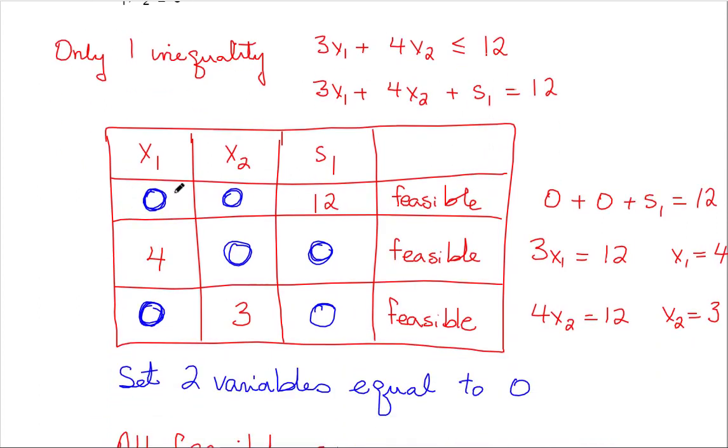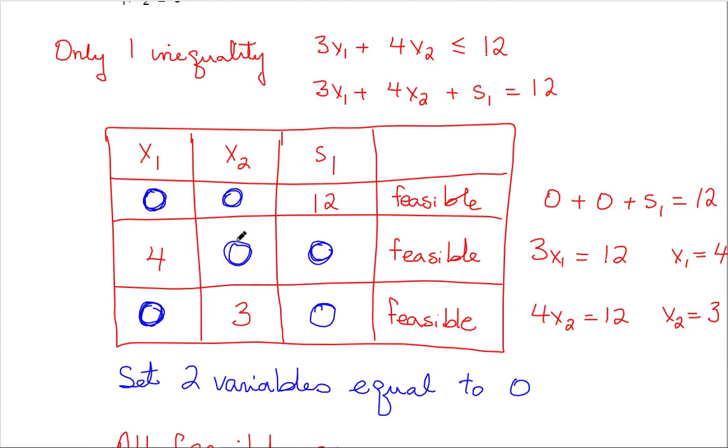They're all listed here. Now what I do is I set two of the three to be 0, and I look at all the ways to do that. So I could have x1 and x2 be 0, leaving s1 to be free. If that's the case, I get s1 is 12.